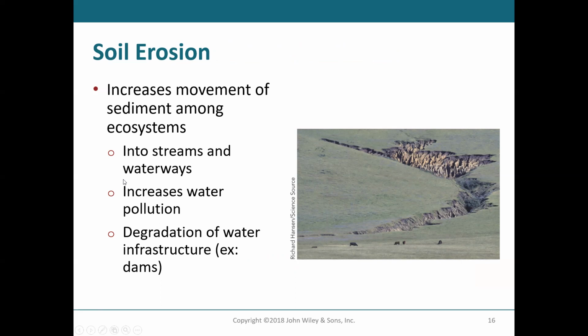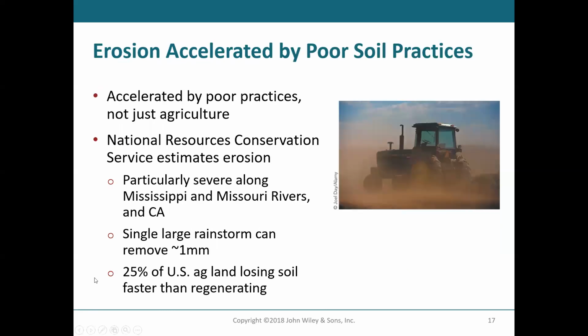It increases water pollution because what we're seeing is more sediment being deposited, and those sediments may be bound to or contain minerals or elements that could be particularly toxic, such as mercury. And degradation of water infrastructure because it's just constantly beating down these structures.